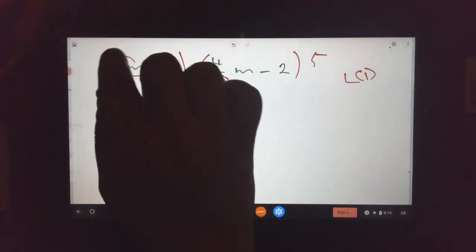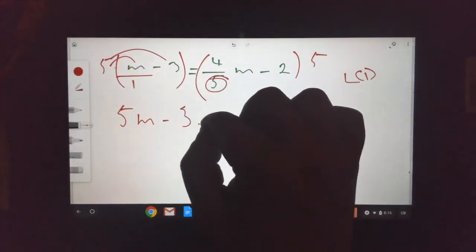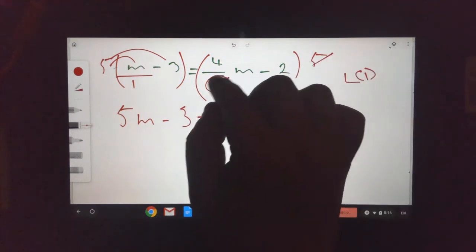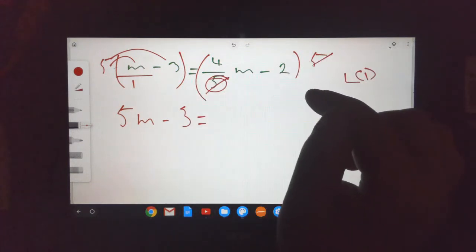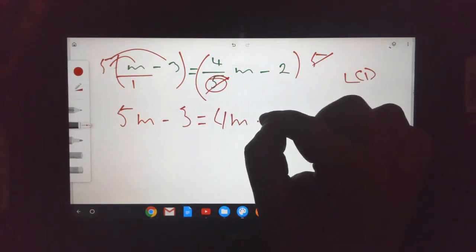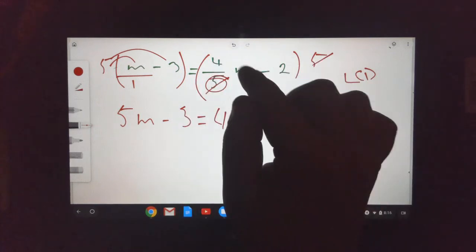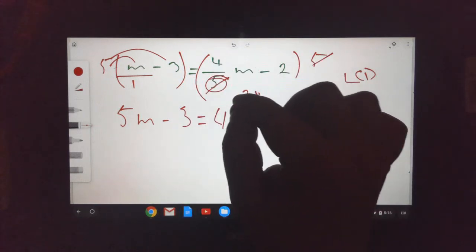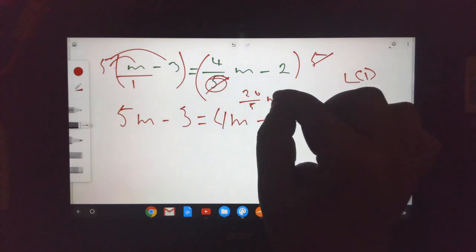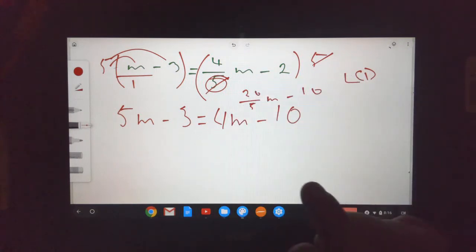So I will end up with 5m minus 3 equals, this 5 will cancel this, 4m minus 10. So over here, what you're going to have is 20 over 5m minus 10. 20 over 5 is 4m.